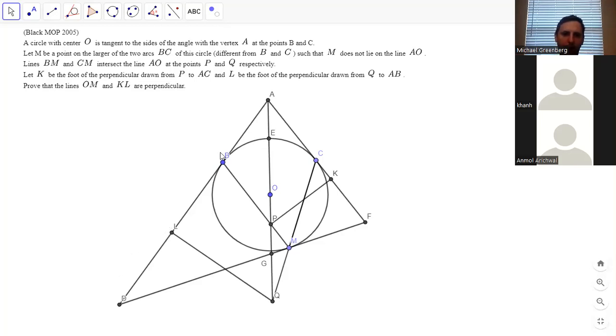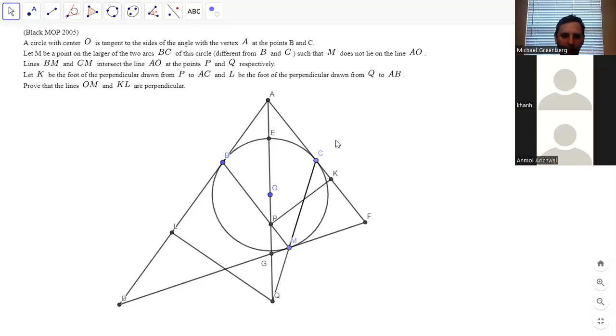So basically, wait, let's think about that. AL over AB is AQ over AO, and AK over AC is AP over AO. So the ratio of those two would be AP over AQ.